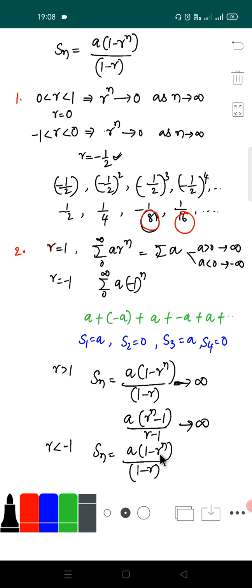Here r is less than -1, so the sequence of partial sums is oscillatory, because depending on n we get a positive or a negative value. Let's say r is -1, and we examine this one very carefully.